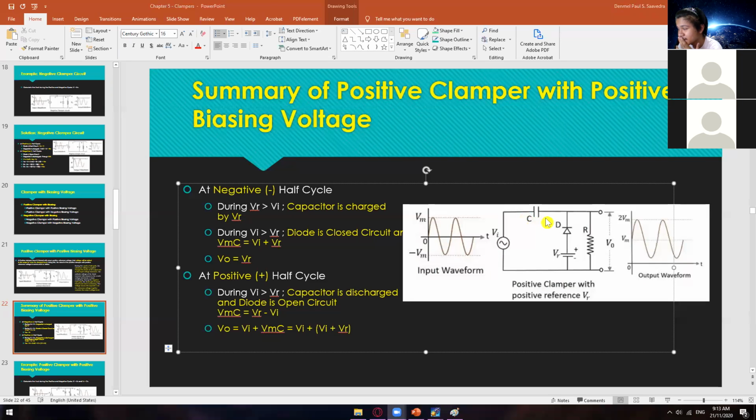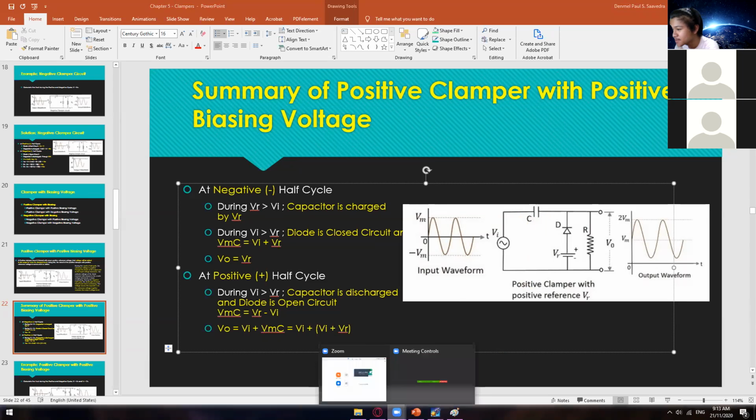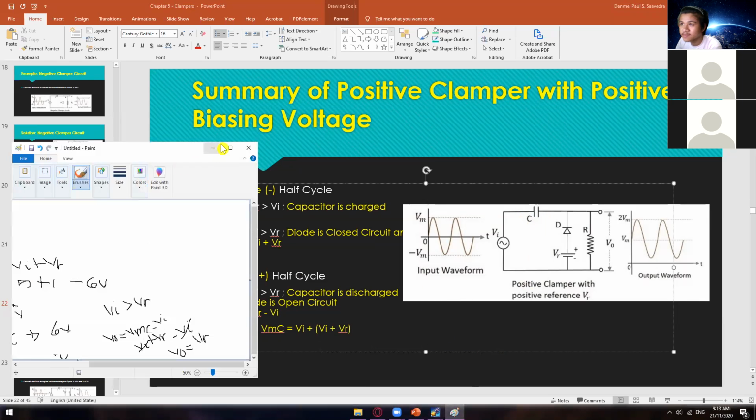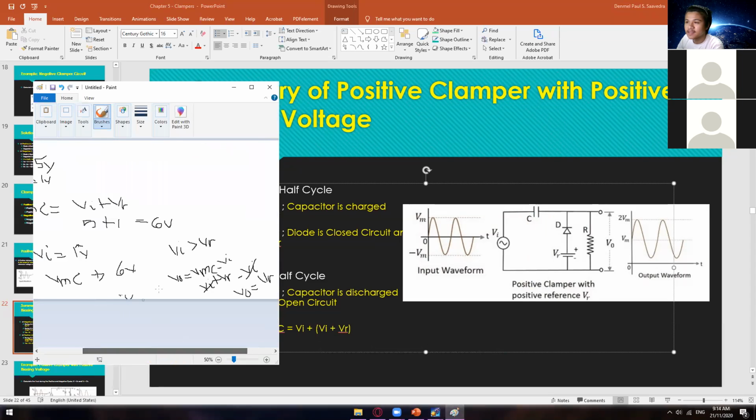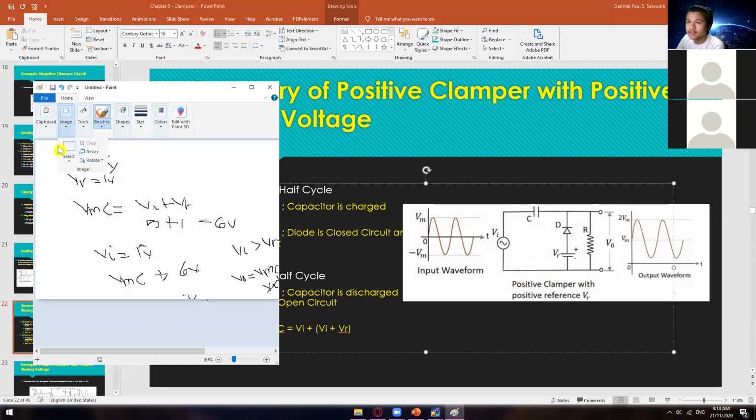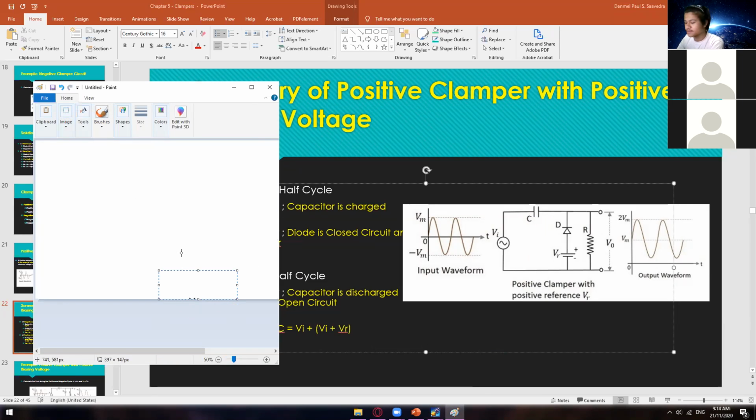Positive to negative. Because during the positive half cycle, let's see. Because at this point, during the positive, right? So positive, negative.